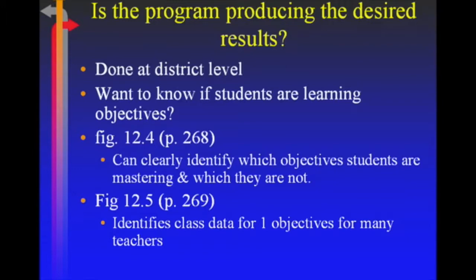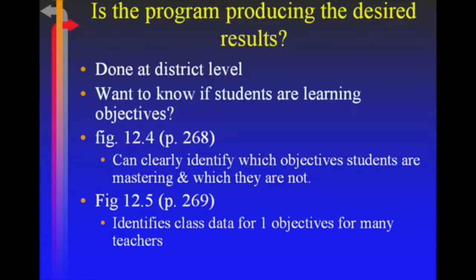And with this report, we can clearly identify which objectives students are mastering and which ones they're not. And on the chart there, the highlighted boxes are the mastery targets that students should reach. And the target for this district is that greater than 90% of the students have shown to master the particular target objectives at the end of the appropriate grade range.